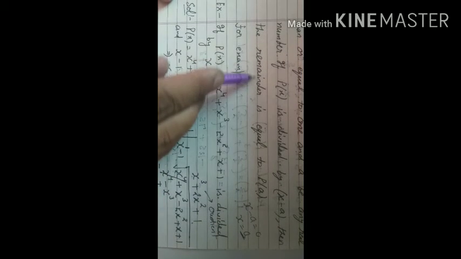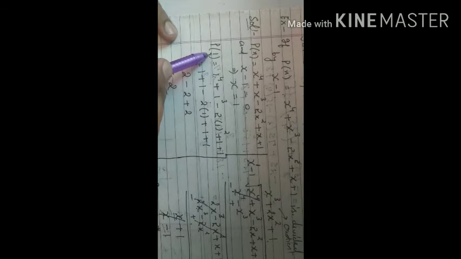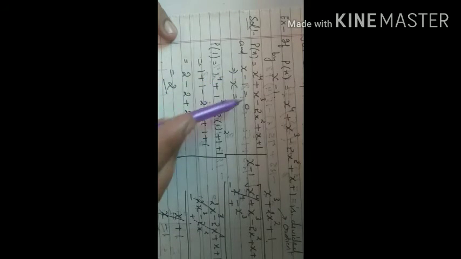According to this, when x minus 1 equals 0, we get x equals 1 at the place of a. Clear? And P(a) is the remainder.